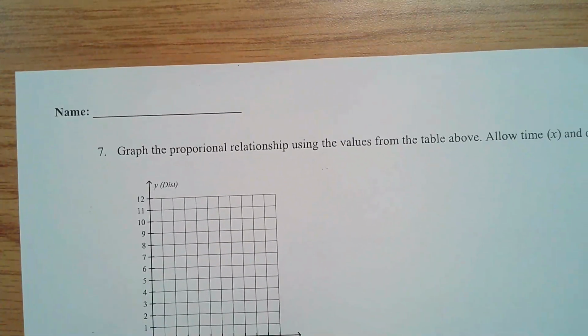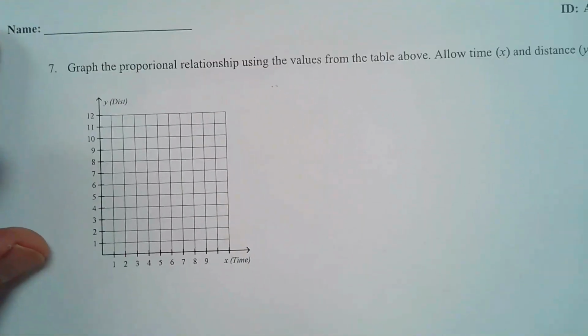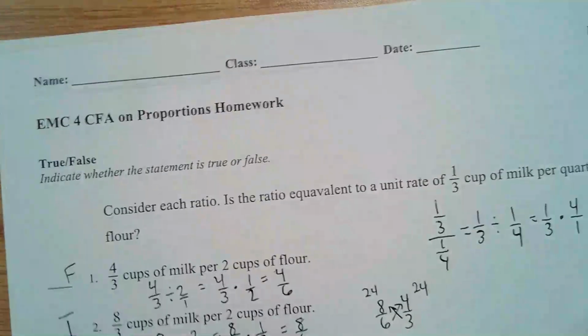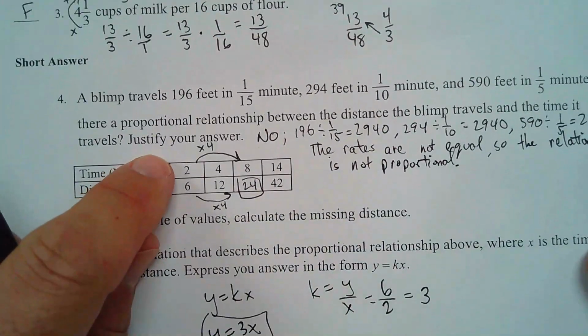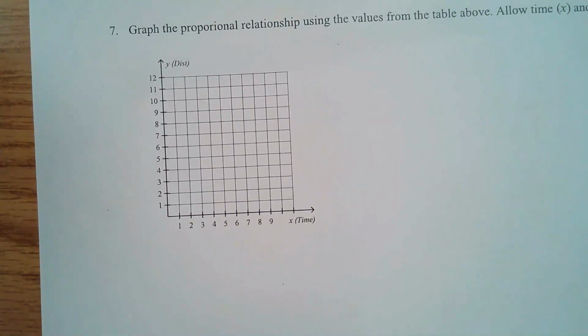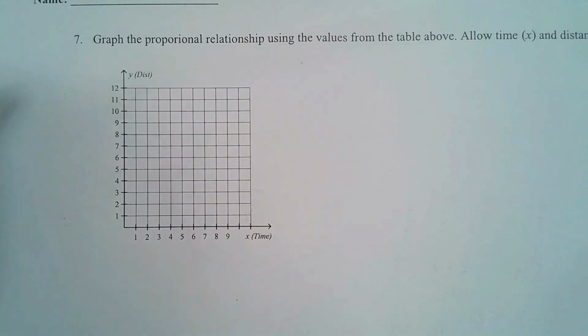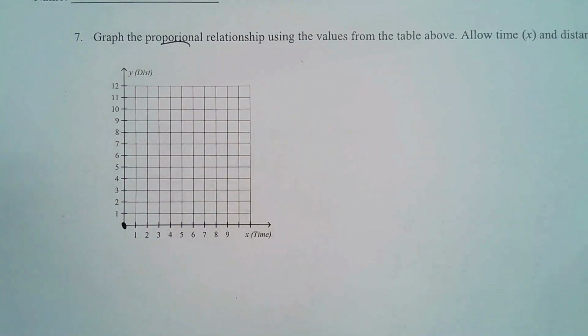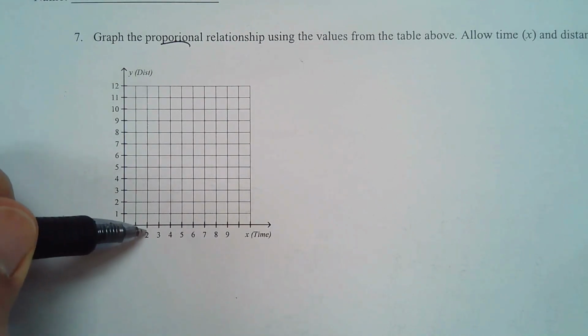And then we have our backside here. Graph the proportional relationship. There's a couple ways we can do this. First, we could have 2, 6. First off, we actually know that this is a proportional relationship. We've been told this right here, which means it's a straight line through the origin, and the origin is there. And then we have 2, 6.